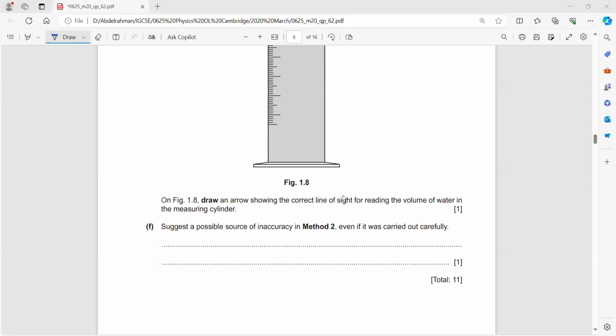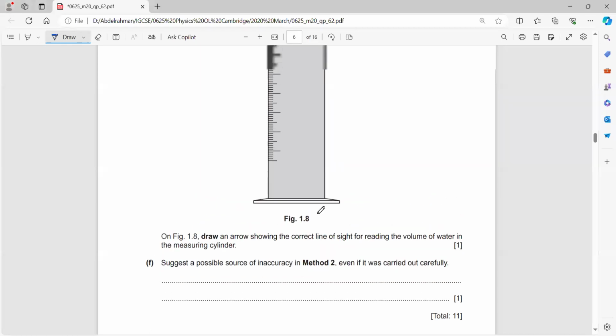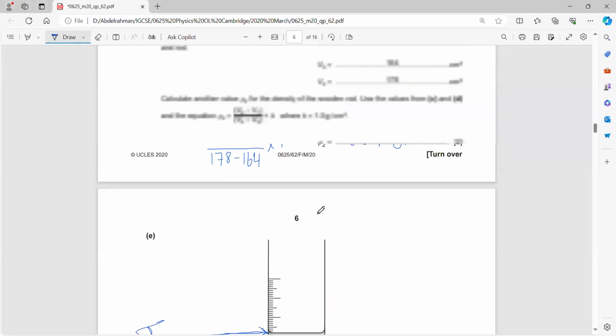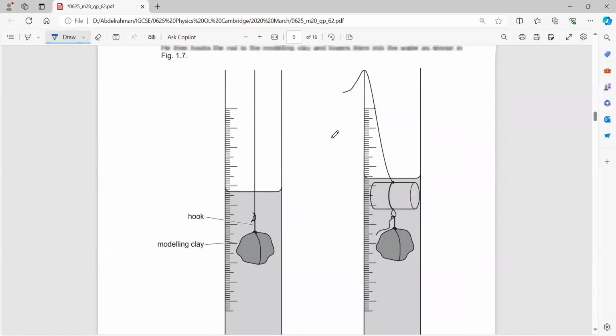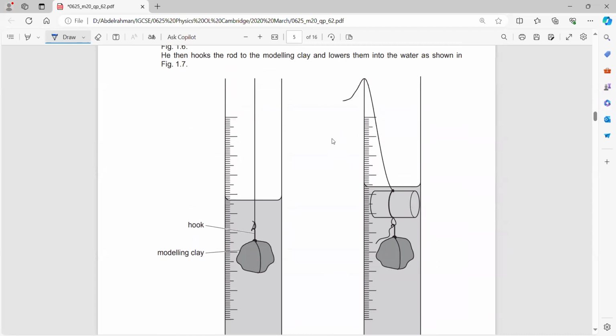For this answer, one of the possible sources of inaccuracy would be, for example, in figure 1.6 and figure 1.7, we use the modeling clay. While removing the modeling clay from the water, you could remove some water while taking the modeling clay out.